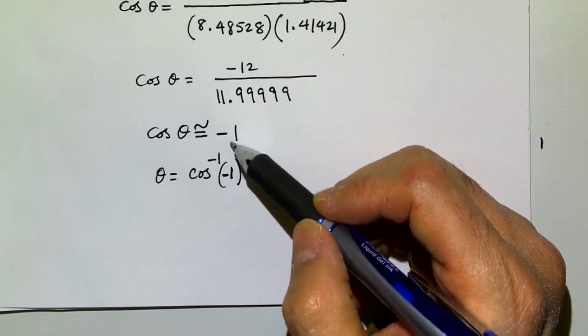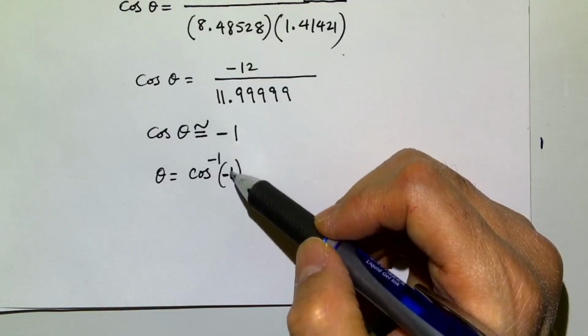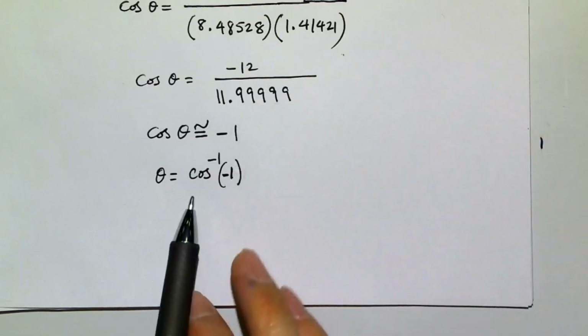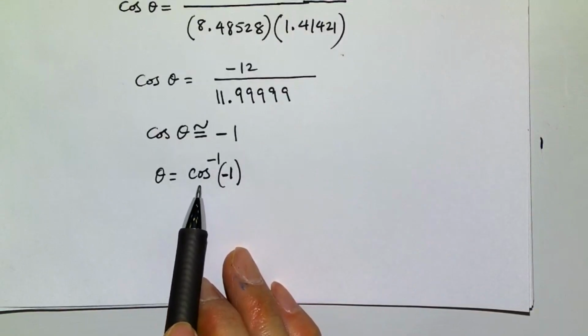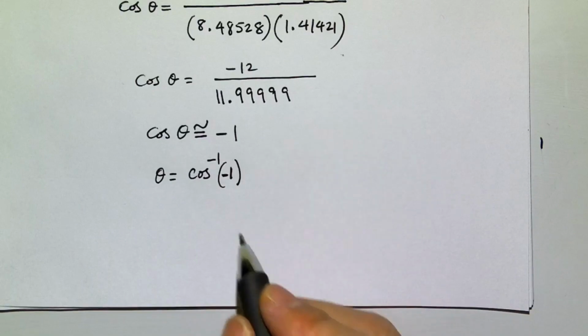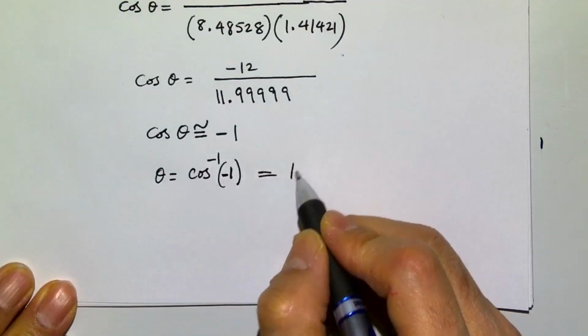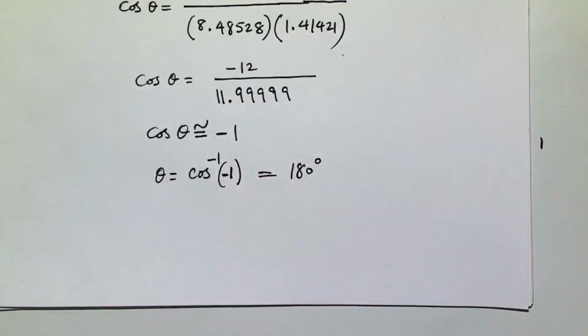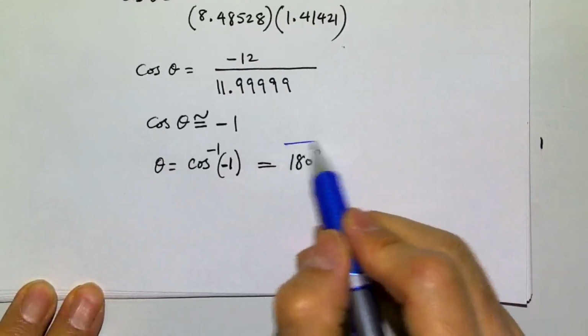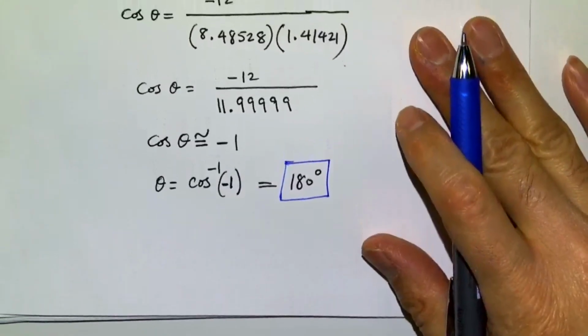But if this number is a little bit difficult or not on the special table of trigonometric values, then you'll have to use the calculator with the inverse cosine function for it. Okay, and we'll do that. So theta is equal to 180 degrees, and that's the angle between those two vectors.